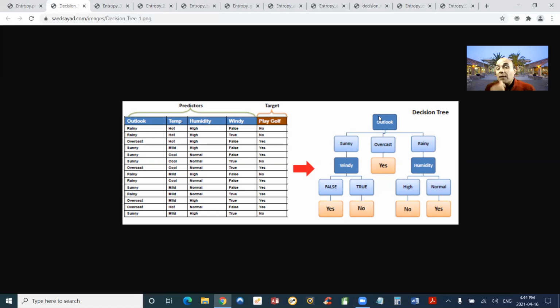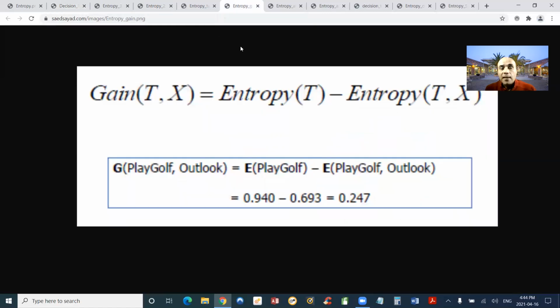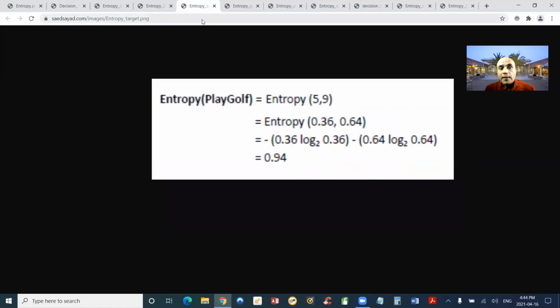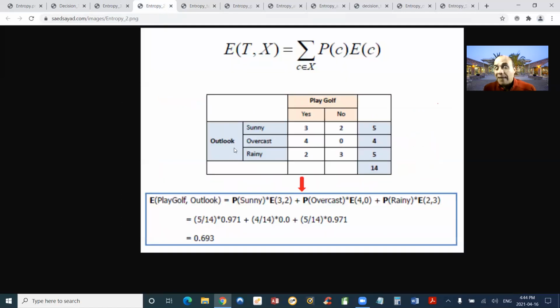Which one is going to give you the maximum information gain? So let me explain what the information gain is in a moment. So the way we did it is that for the yes and no of a single entropy, we got 0.94, and then for the outlook as the primary divisive component, we got 0.693.